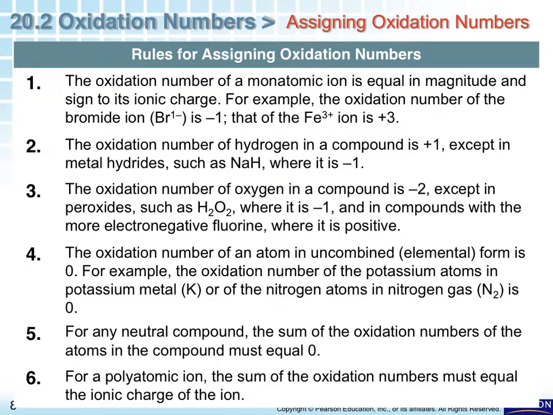So we have some rules that we apply to assign oxidation numbers. The first rule is the oxidation number of a monatomic ion is equal to the charge. We talked about that rule already. So if it's a monatomic ion, like just a bromide ion or just an iron ion, the oxidation number is equal to its charge.